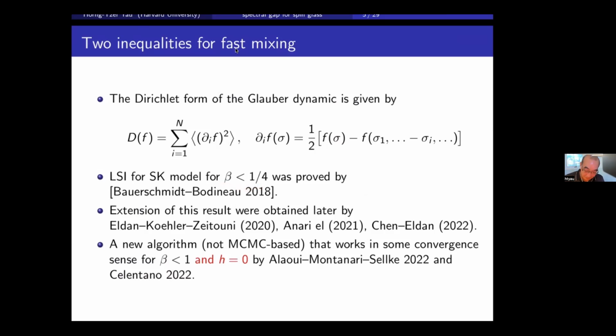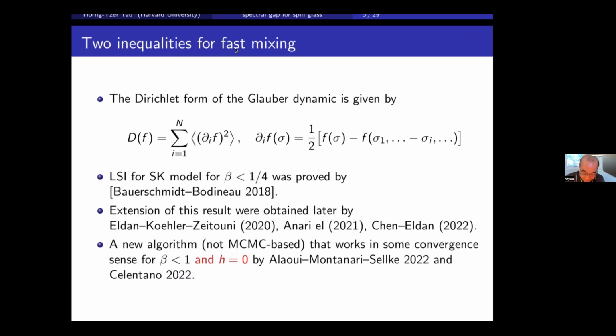Part of the reason is that, in my view, there's a renewed interest in understanding the Glauber dynamics and this mixing, because gradient dynamics is extremely popular everywhere in computer science, and they also want to study how we sample the Gibbs measures.